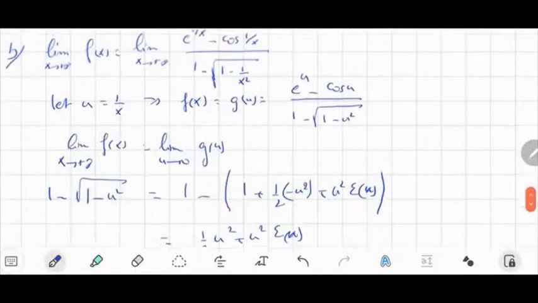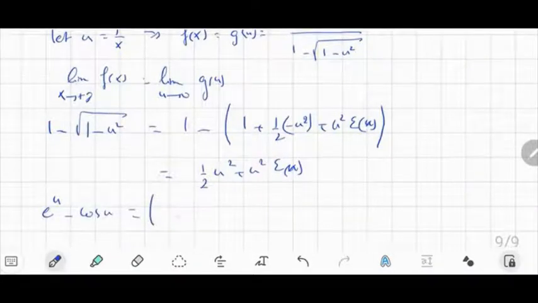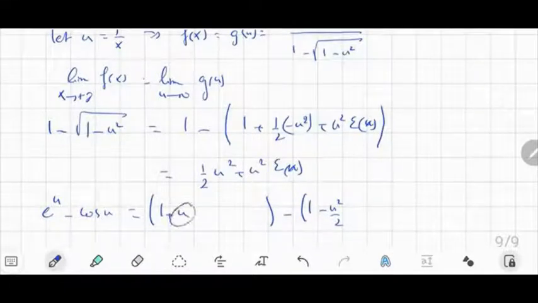Then if I take a look at the numerator, we have e^u minus cosine u, which is equal to e^u will start by 1 plus u, and cosine u will start by 1, that will vanish, minus u squared over 2. So now if you calculate the difference, you will have u that will remain in here.